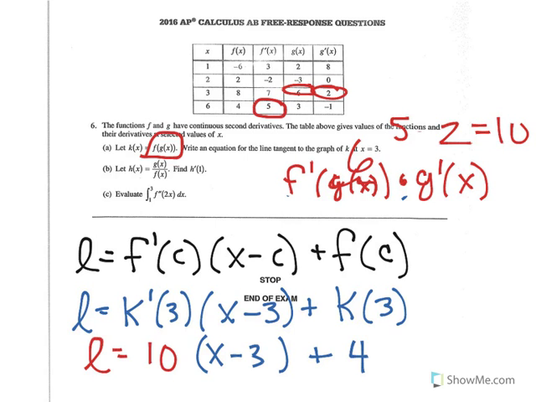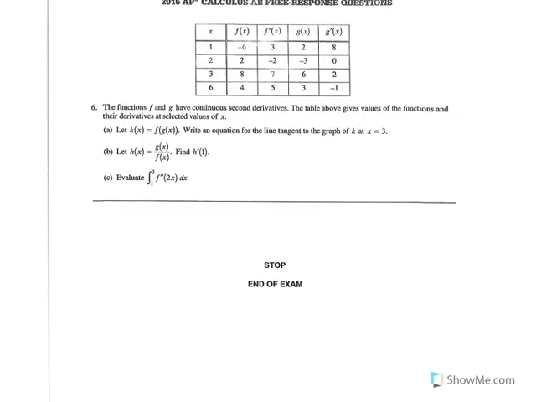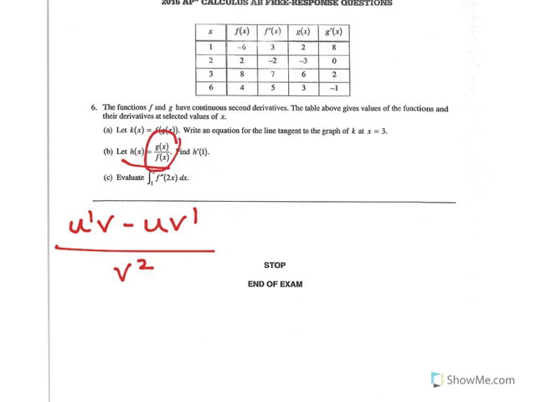Let's take a look at B. Okay, we're on to part B. They give me my function h is equal to that, and they want me to find h prime of 1. Well, I see a quotient rule, which is u prime v minus uv prime over v squared. I'm going to translate that to the terms I have here.